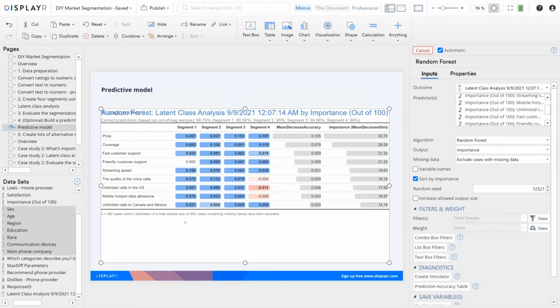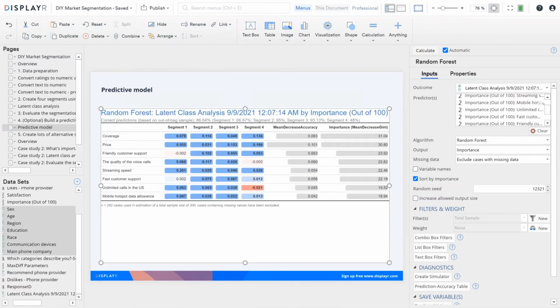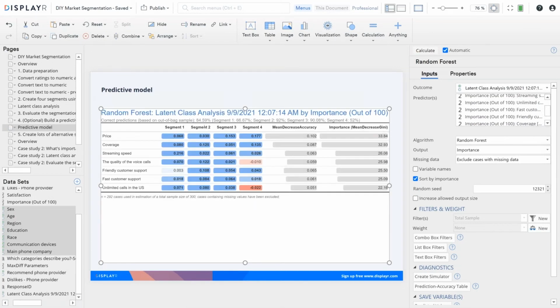And then the next worst predictor becomes mobile hotspot data allowance. And you'll see that predictive accuracy is still hovering above 80%, and well above 80% really.